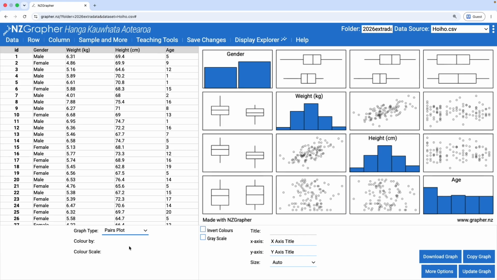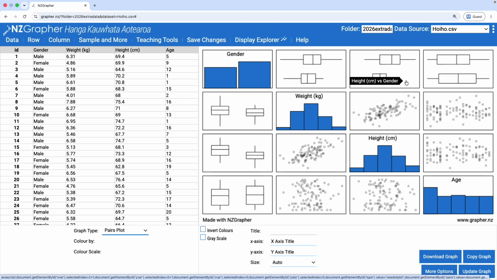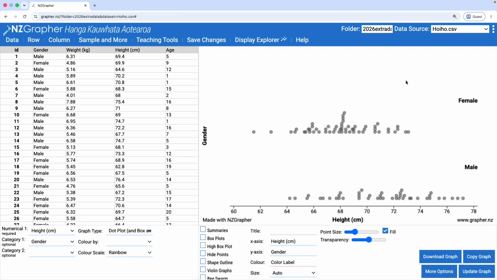Age and height, probably not going to be very good to write a statistical report on. Weight and height, you probably could. Height and gender, that looks quite interesting. Age and gender doesn't look particularly interesting. Now again, all of these, if you hover over them, they will tell you what it is, and if you click on it, it'll open it up.